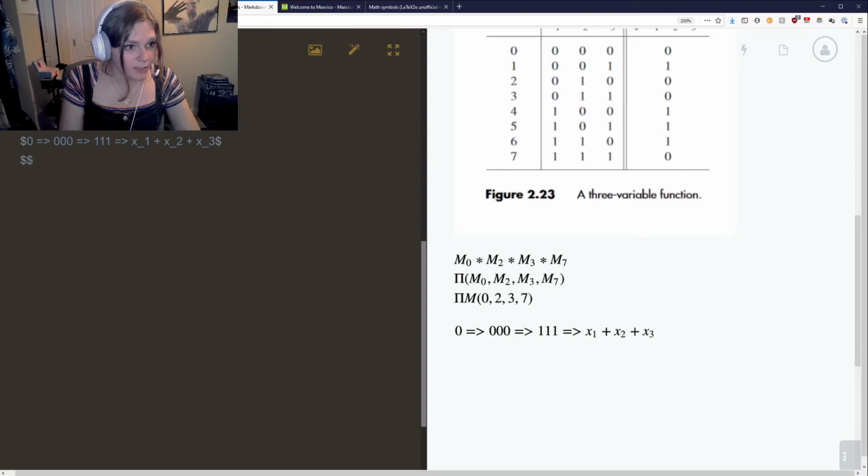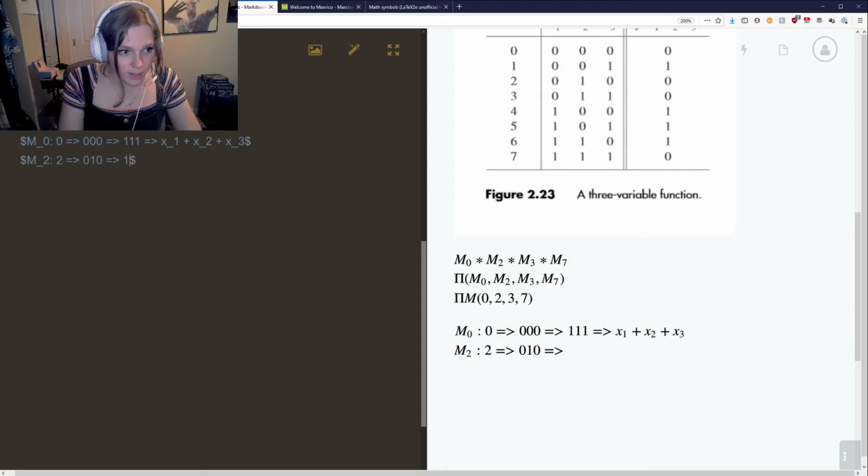Next up, so this was our expression for M0. Next, we want to look at M2. That's the next thing in our sequence here. So 2 becomes the binary number 0, 1, 0. We can take the complement 1, 0, 1. And that tells us that this equation is x1 or not x2 or x3.